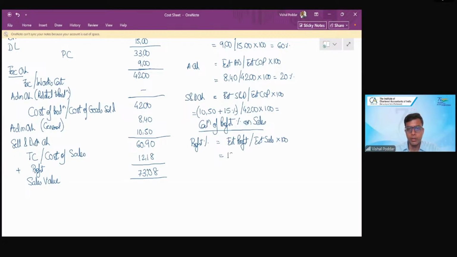Okay. In the meantime, some of you may just help me with the profit percentage also. So we expect to maintain the same profit on sales of 7308. Has given me the percentage of S&D, that is 28.75.